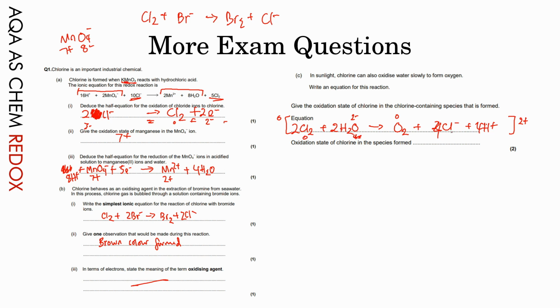This is going from 0 to minus, and if we do it this way, everything will be balanced, and these can make 4HCl. The oxidation state of the chlorine in the species formed. What is HCl? 1 minus, Cl minus.